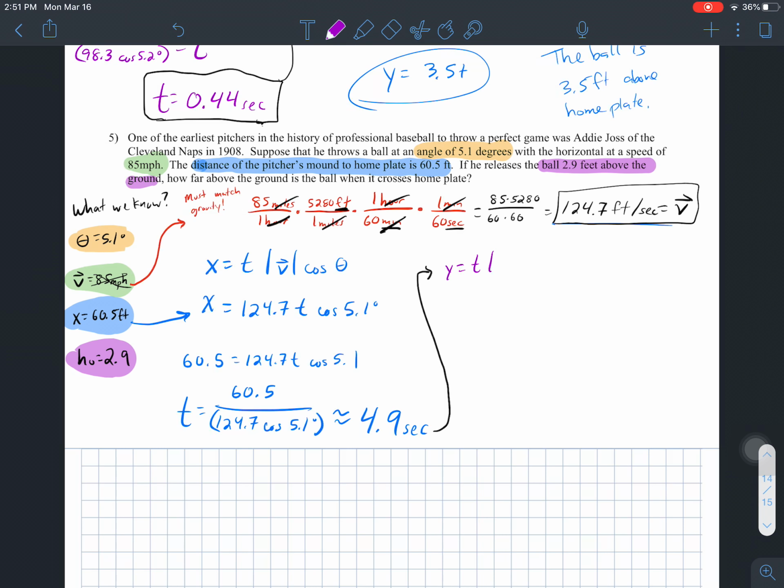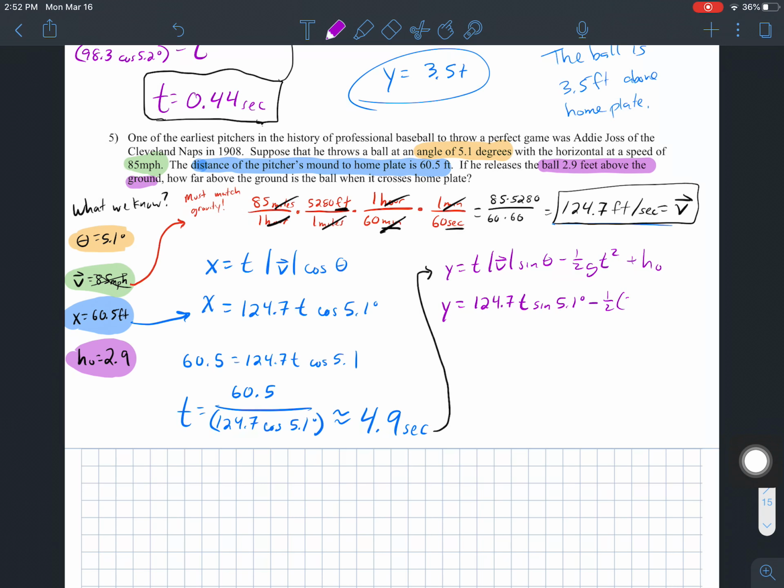Y equals t times initial velocity sine of theta minus 1/2 g t squared plus my initial height. We know everything. I'm going to write the parametric equation first, though. I know my initial velocity is 124.7. So 124.7 t sine of 5.1 degrees.